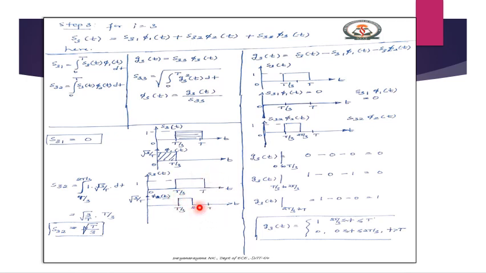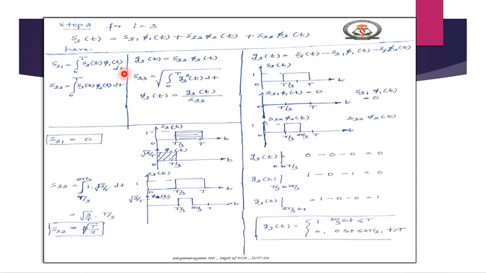So the waveform is present only from T by 3 to 2 into T by 3 with the value 1 into root 3 by T. That is what has been written here, and when we solve by applying these limits, we will be resulting with the value S32 equal to root of T by 3.